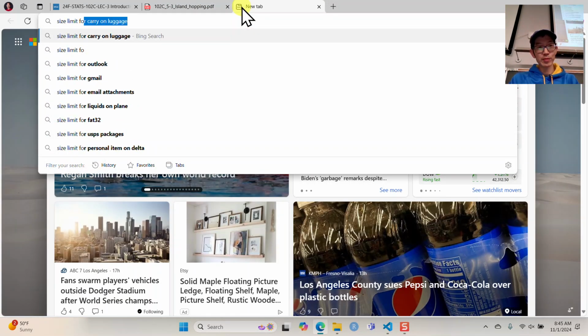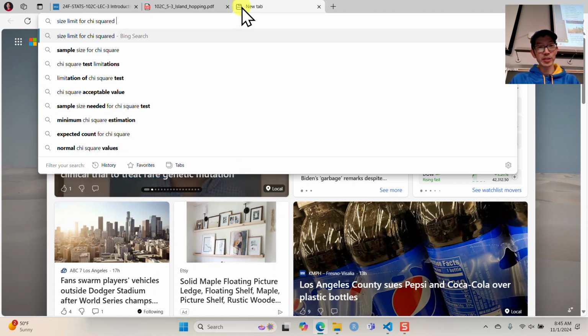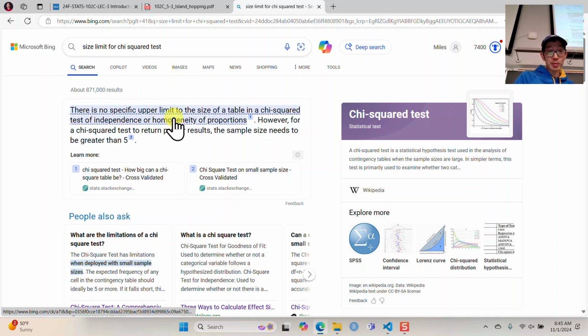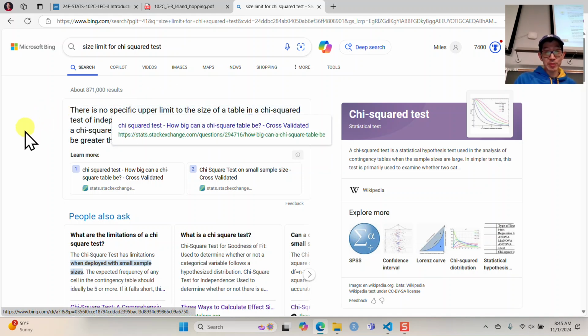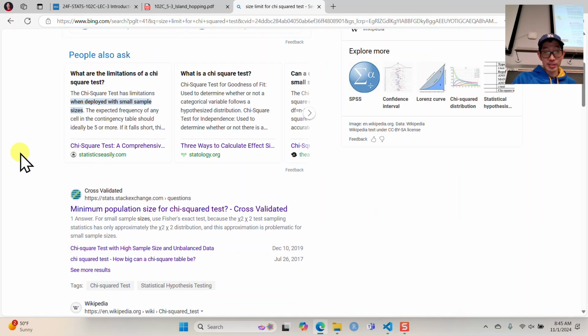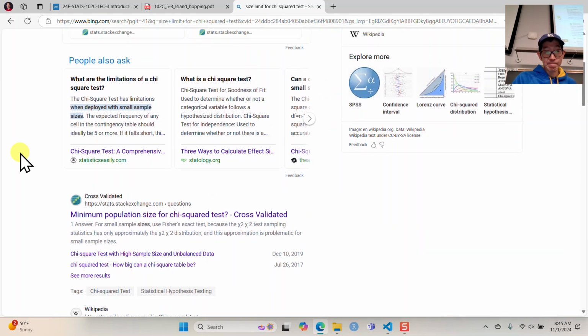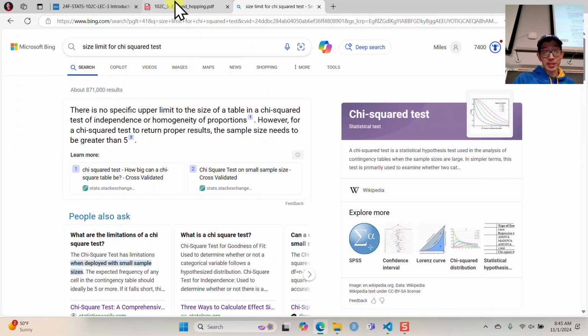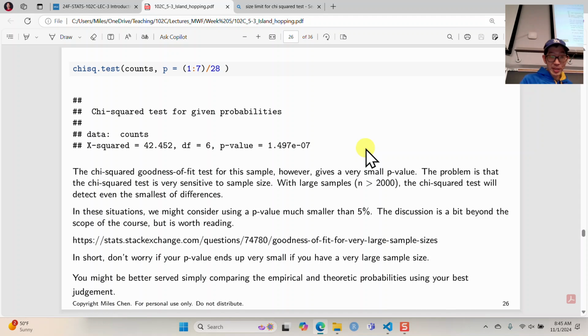What is the size limit for the chi-squared test? There's no specific upper limit to the size of a table in a chi-squared test. However, basically when you have really big samples, the chi-squared test gives really small p-values.